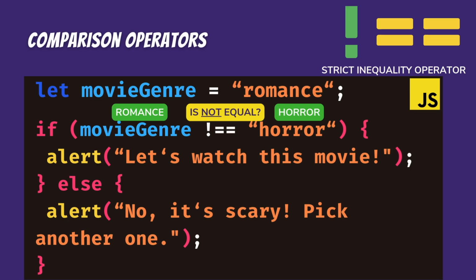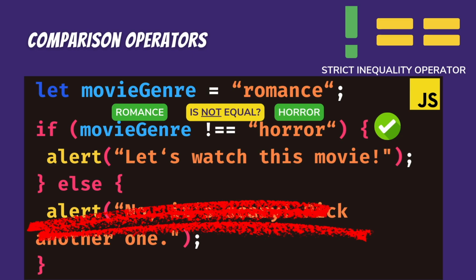It's a romance movie this time, so the left does not equal the right, which is exactly what we wanted. So you can safely watch it, it's not a horror. The strict inequality operator is great for avoiding things you don't like. Both the strict equality and strict inequality operators work with numbers and text.